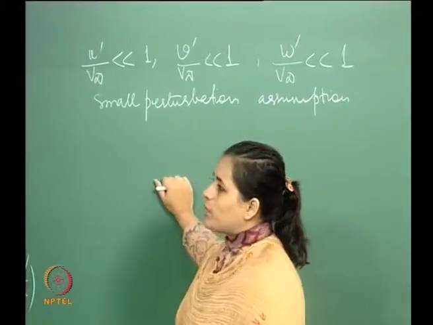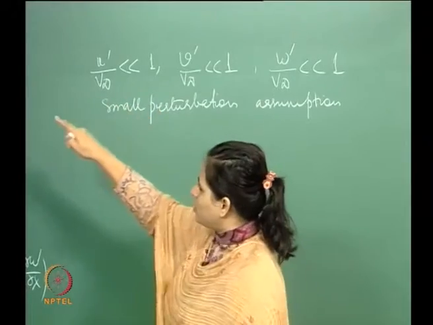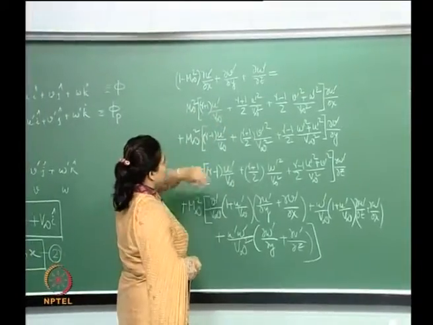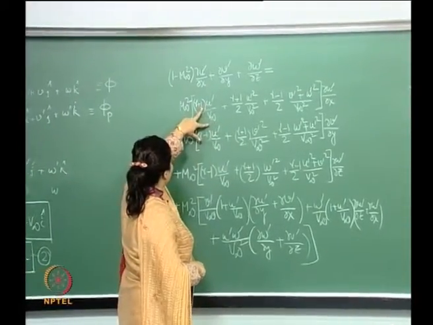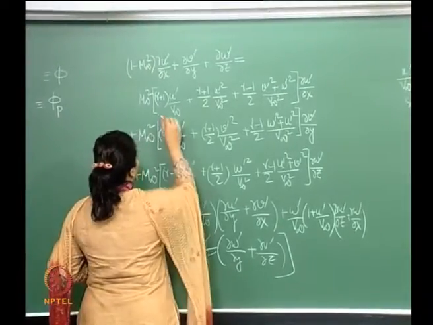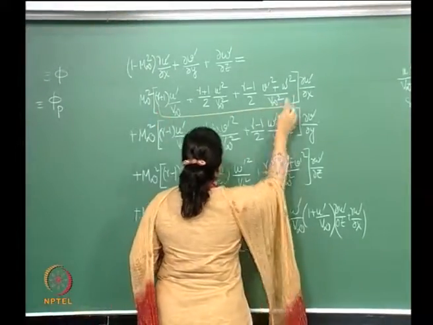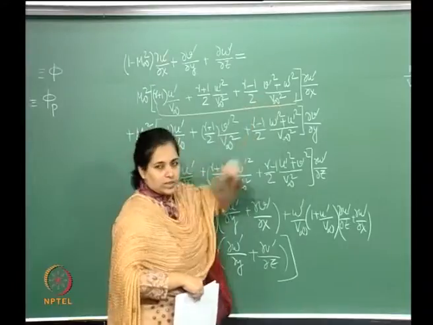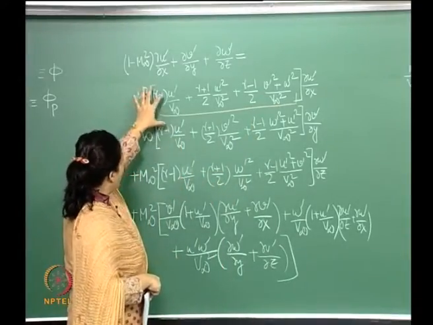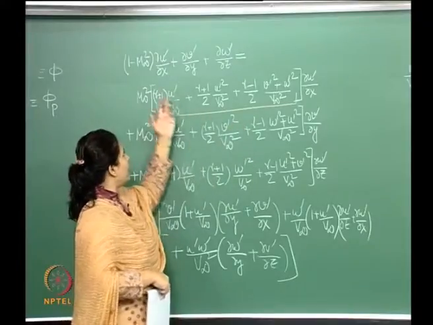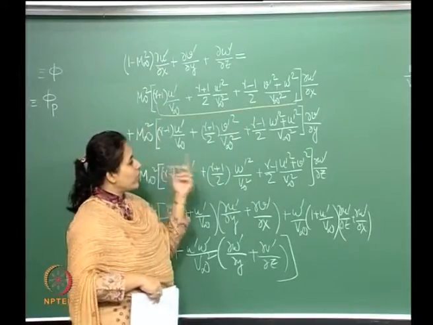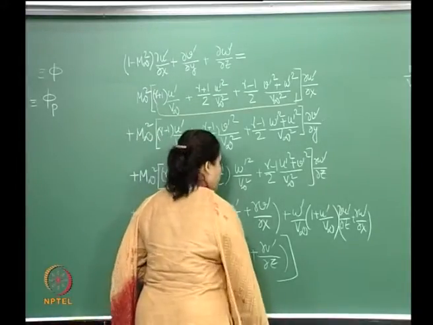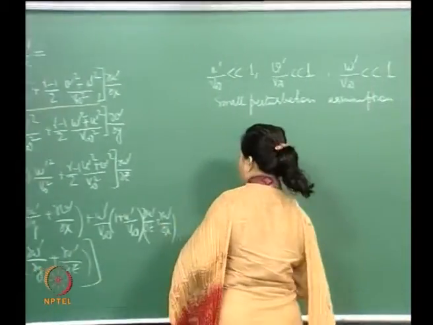If I use the small perturbation assumption here, then if you look at each term, we have u dash by V infinity, the square of that term, and squares, etc. All of these terms can be neglected because we are using small perturbation theory, and if we do that, what we are left with is this equation.